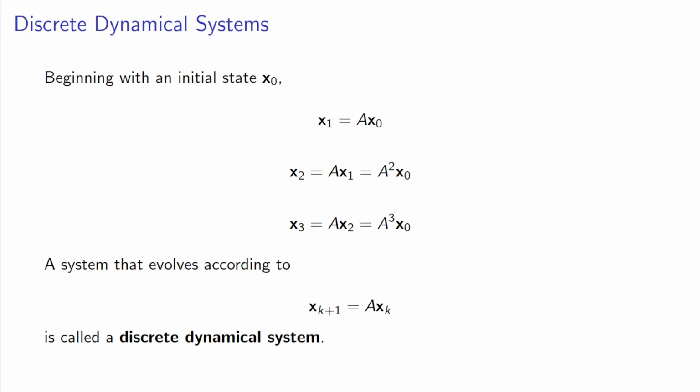So if we begin with state x0, and x1 is A times x0, x2 is A squared times x0, x3 is A cubed times x0, a system that evolves according to xk+1 equals Axk is called a discrete dynamical system. Just to really drive this point home, if we wanted to know the nth step, this would be A to the nth times x0.